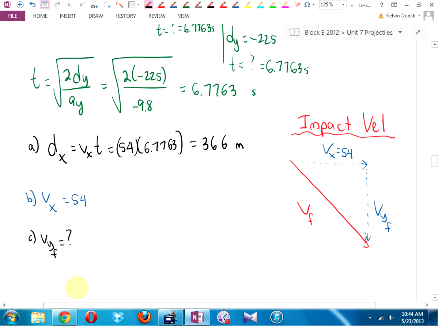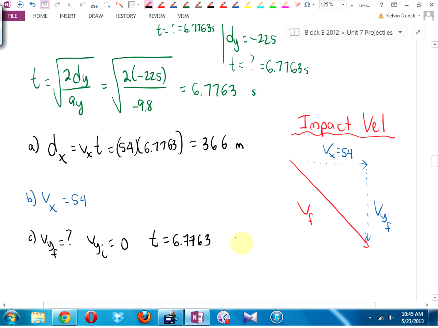So now let's think vertical. What else do I know vertically? Well, we already said Vy initial is 0. And I do know time of flight, 6.7763.